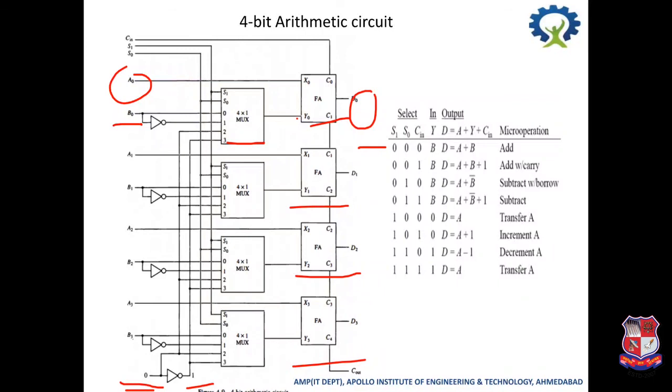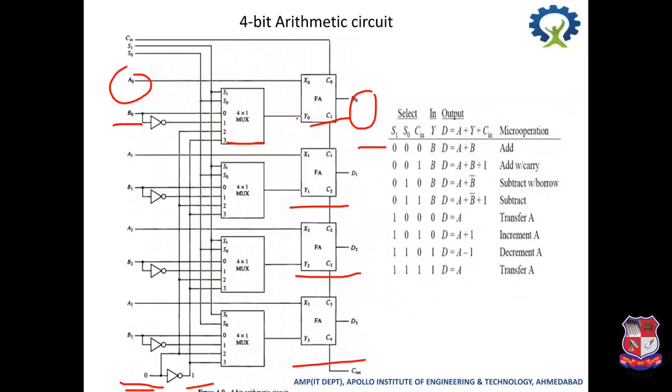So D is equal to A, meaning A is directly transferred to the full adder because our multiplexer input is 0. So Y is equal to 0, and the transfer A operation will be performed. Whenever the selection lines are the same and carry input is 1, at that time A plus 1, meaning the increment operation, will be performed.